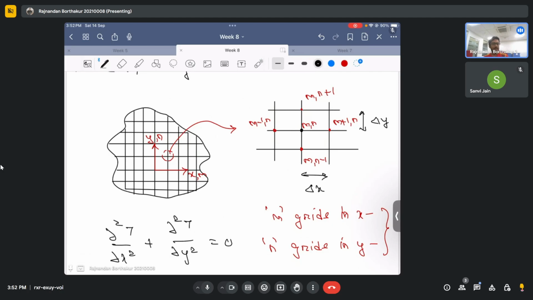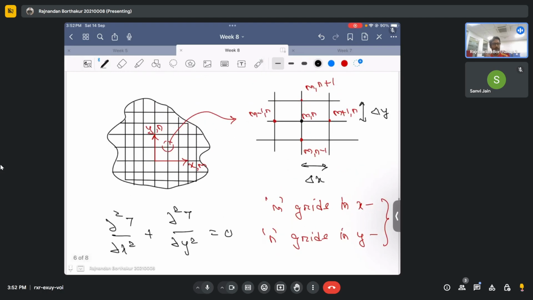It is just m times n, right? That's typically what it should be. So the total number of grids will be just m times n. And what I need to do is frame m times n algebraic equations in these grids, and then solve for the temperature in this m times n grid. That's the only thing that we need to do.